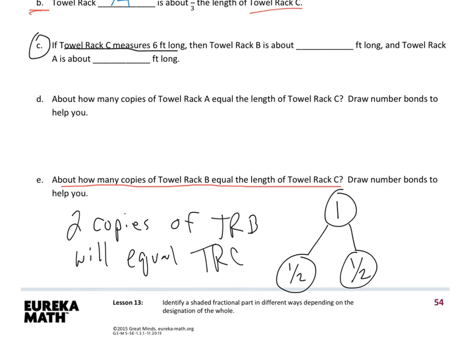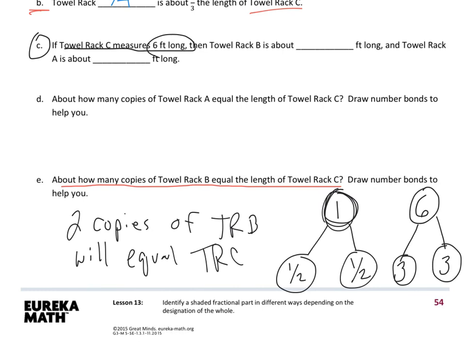If towel rack C measures 6 feet, about how long would towel rack B be? And we know that it's about half, so 3. And I would need 2 3s to make that 6 feet long. It's just pretty much showing that 2 of the pieces put together will equal my whole amount of the length of towel rack C. Let's take a look at the last page.